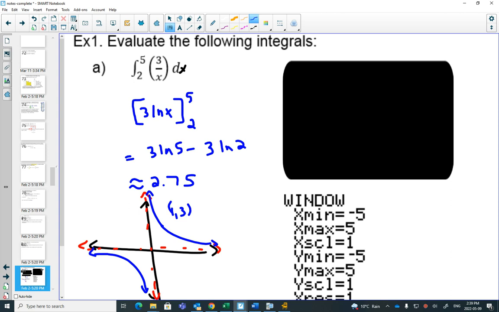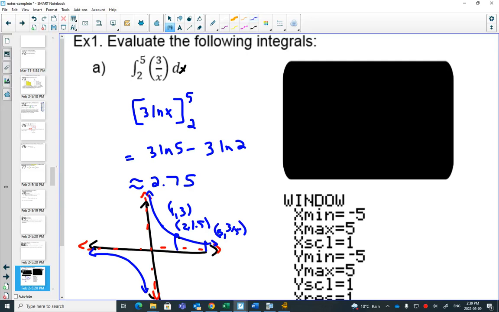This is the graph of 3 over x. When you plug in 2, you would get (2, 1.5). When you plug in 5 for x, you would get (5, 3/5).